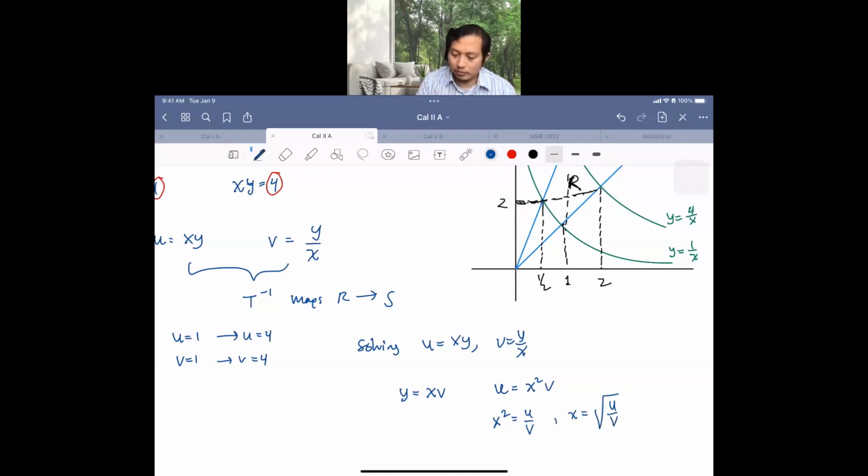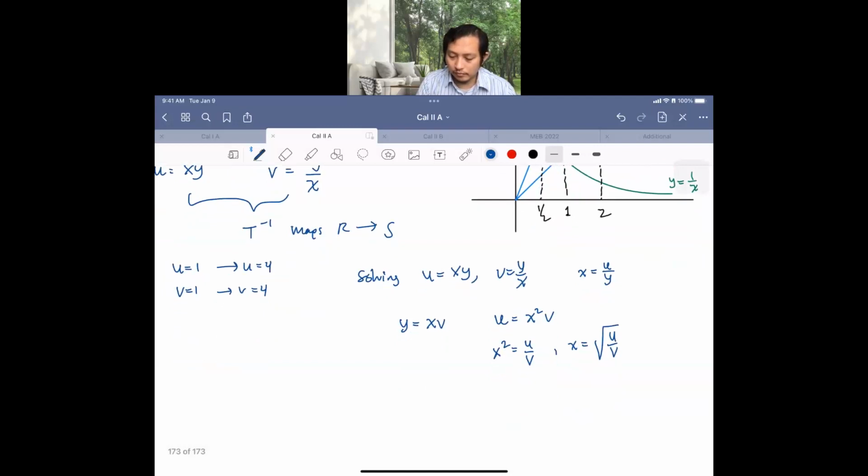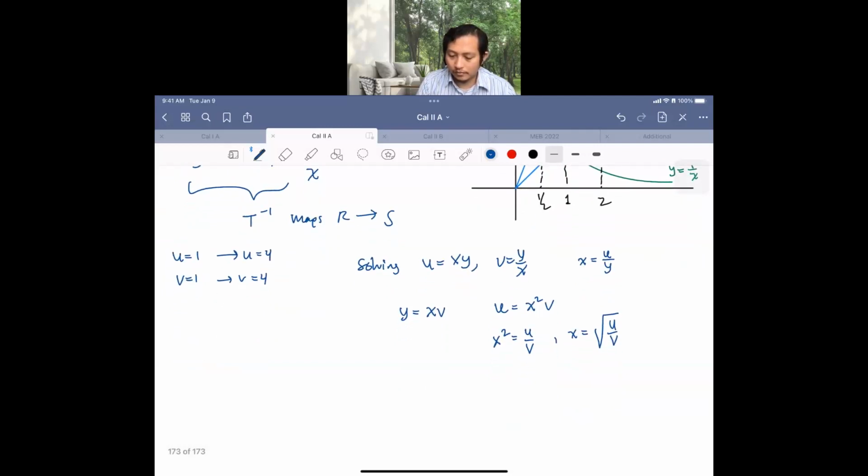And the same way, we take x as u over y, and then we are going to have y squared equal uv, and then y will be square root of uv.